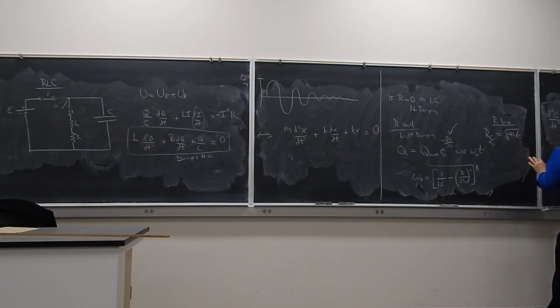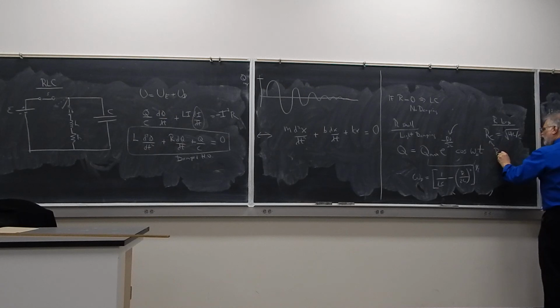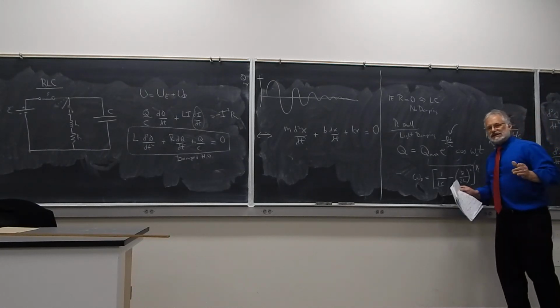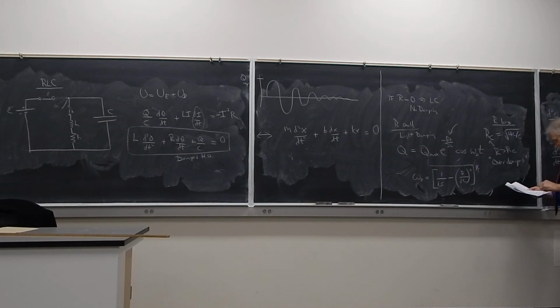At that point, when I'm critically damped, I still have oscillations, but if R exceeds R_C, our oscillations are now overdamped, and of course they won't oscillate at all. It's kind of like having a door on a spring that just slams shut because you've lost your damping factor. Again, when R equals R_C, we say that the function is critically damped. So that's just a small wrinkle into RLC circuits.